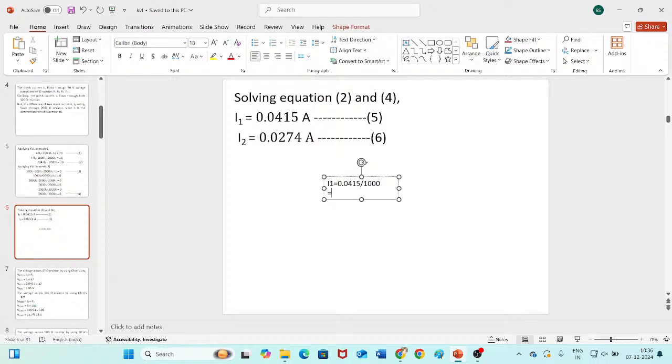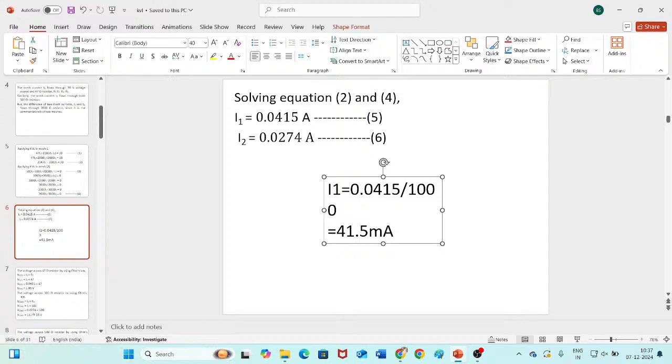You will get how much? 41.5 milliamperes. Okay, so I1 current in terms of milliamperes is 41.5 milliamperes.